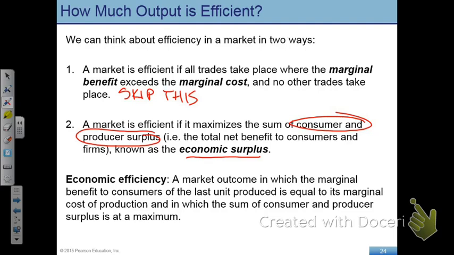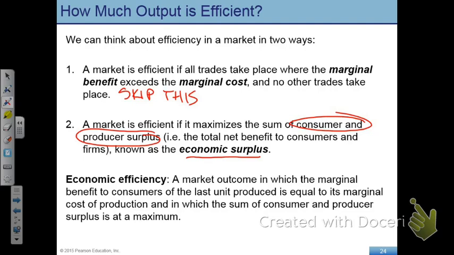Why is this an important idea? This is important because from a market perspective, we should not pay attention to whether only the buyer is benefiting or whether the producer is benefiting. Sometimes due to changes in prices, some people will be worse off, let's say buyers, and some group will be better off, like producers.